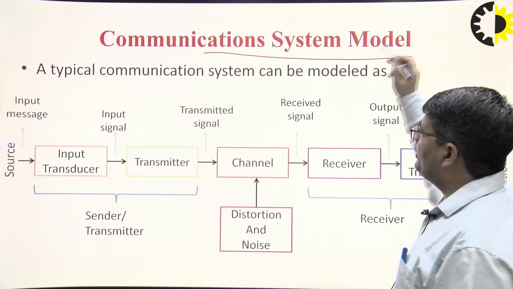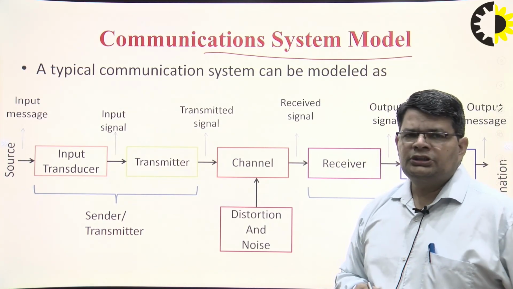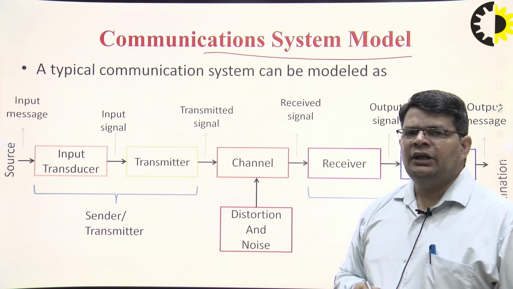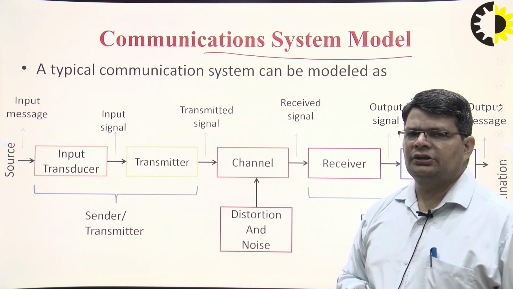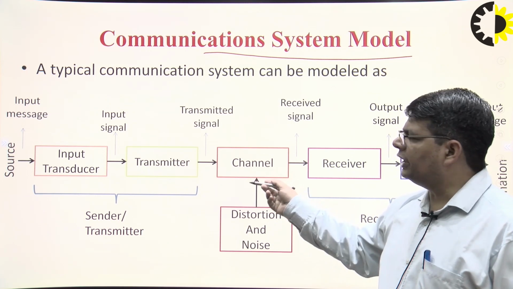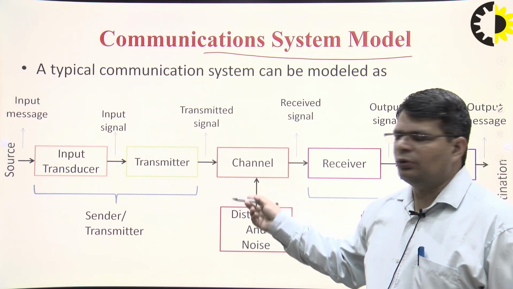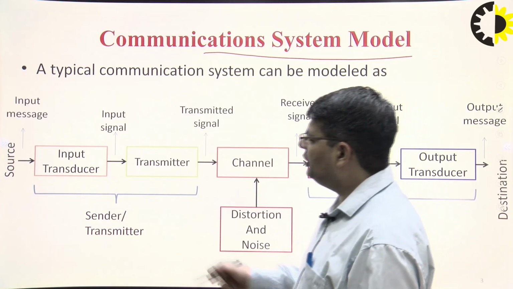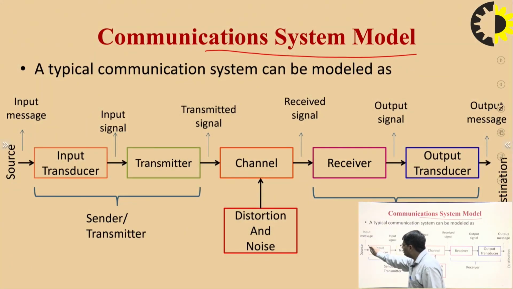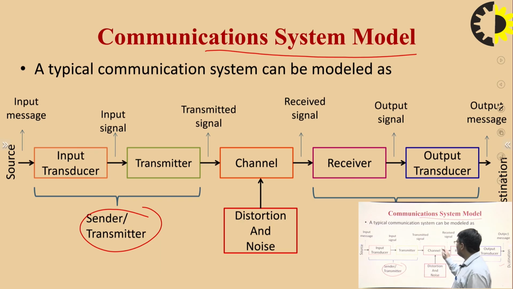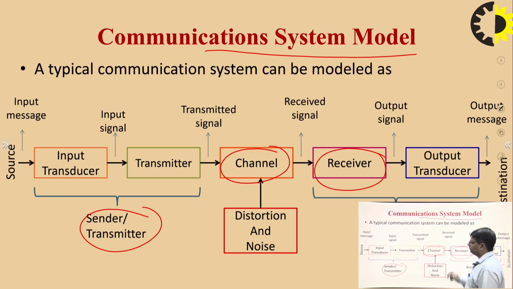Now the communication system model. As we have studied, if we represent the definition of communication engineering with a block diagram, that is the communication system block diagram. As discussed, in communication engineering the information is conveyed from source to destination, and for that we have to use a transmitter, a channel or media and a receiver.